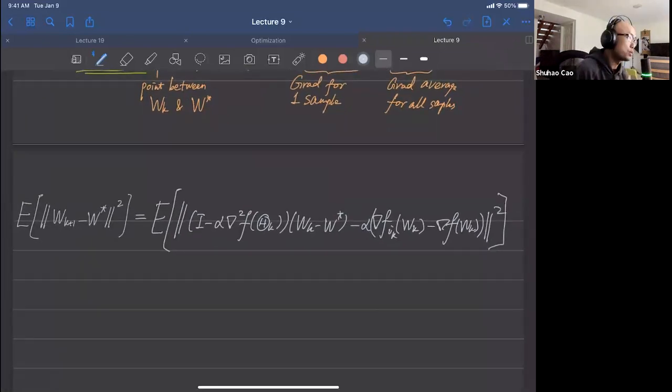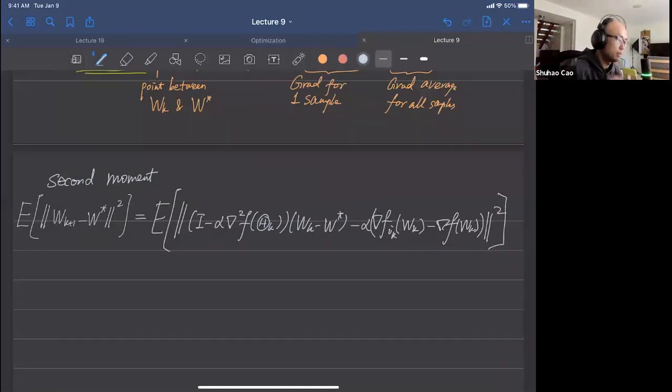So this is how we use the error equation: we square, we take the norm, and then we take the expectation. This is called the second moment, and it's a common analysis method in probability.